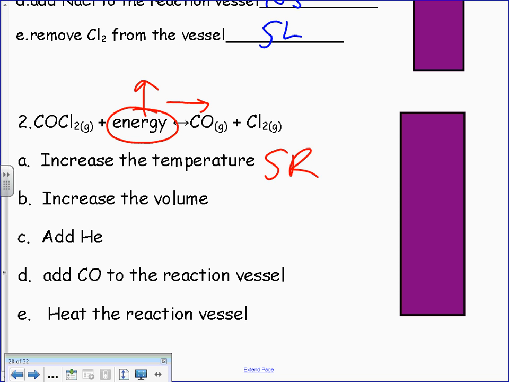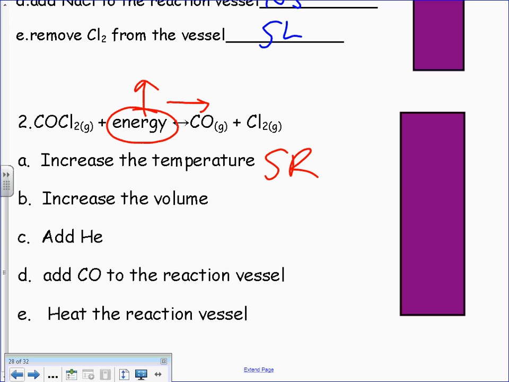Yes, ma'am? What if there's not energy written in the equation and it says like increasing? It will say delta H someplace. So this one, I'm putting the energy in the reactants or the products, but if you look on the worksheet, look at worksheet 3 right underneath where we are working currently. Do you see the first one where it says delta H is equal to negative 27 kilocalories?